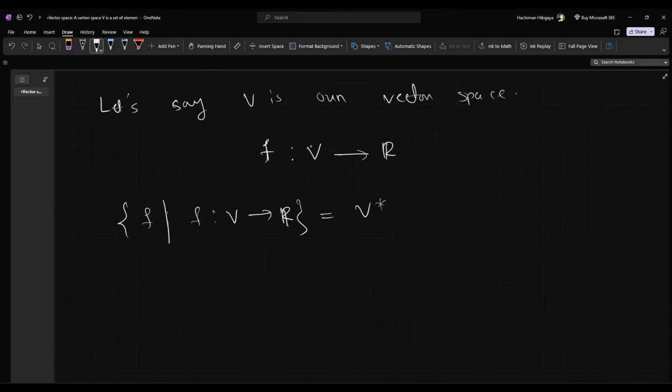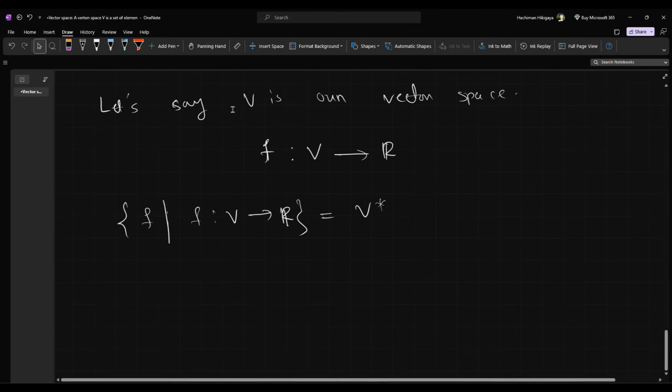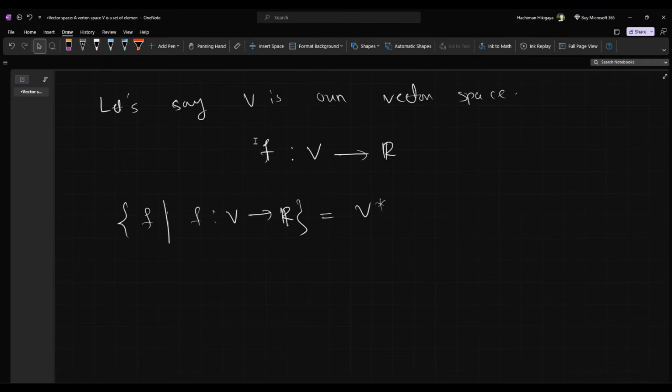So all the functions which take an element from our vector space and map it to a real number constitute a vector space themselves, known as the dual vector space.